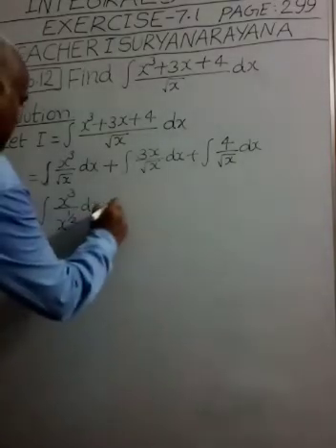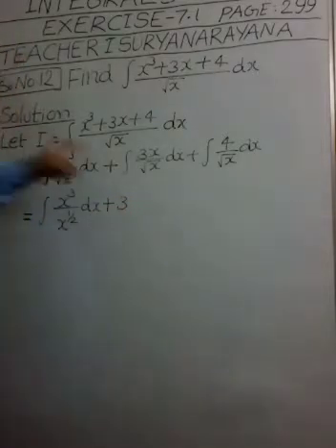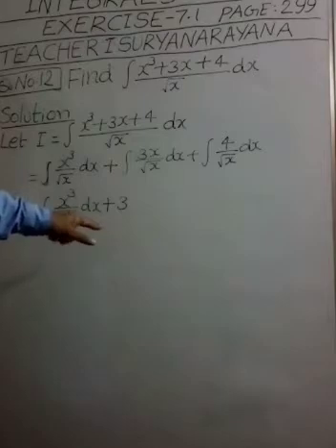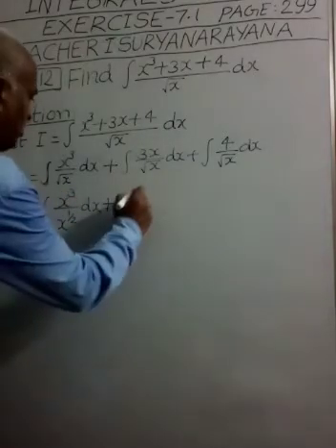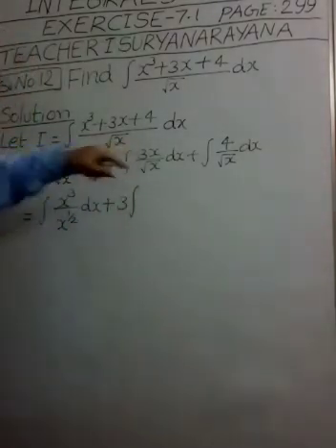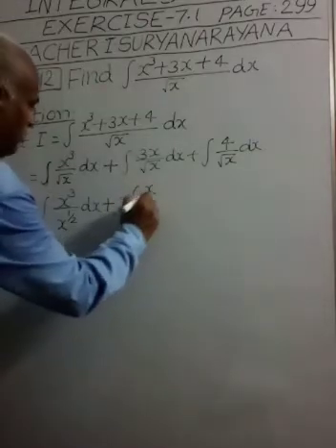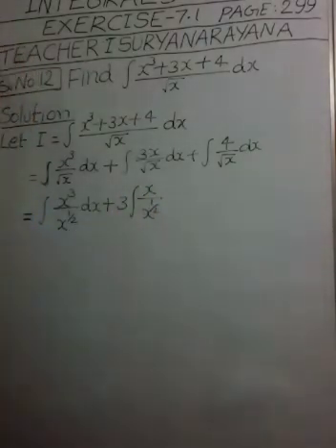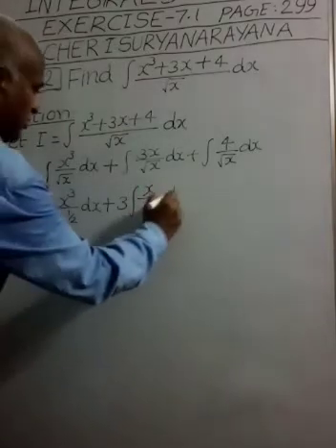Right. Plus, here 3 is the numerical coefficient, so we wrote 3 before the integral sign. 3 integral x by x to the power of 1 by 2 dx. Here also we are using the same property: root x is written as x to the power of 1 by 2.